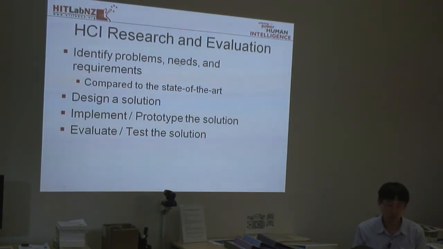So first, you might start by identifying problems or needs of the end user requirement. You might find maybe the current layout of the keyboard has a certain inefficiency or problem, so that you want to invent a new type of keyboard or character input method. And when you're doing this, it's always compared to the state of the art.